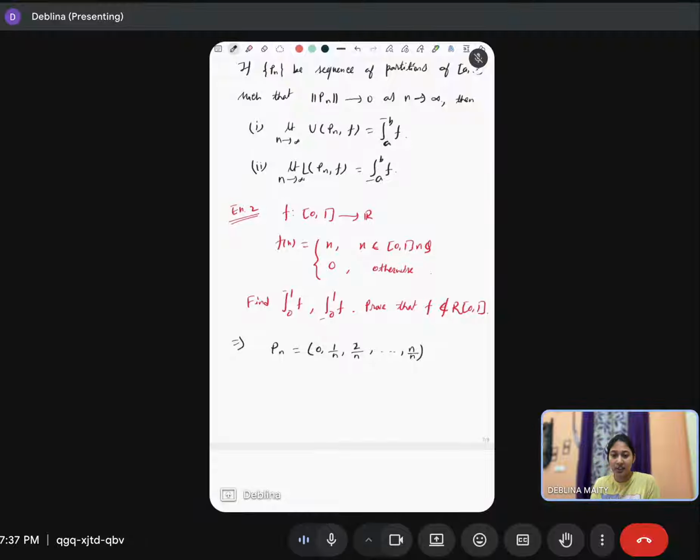So this is a sequence of partitions. If we change n, Pn belongs to P[0,1], so this is a partition of [0,1].